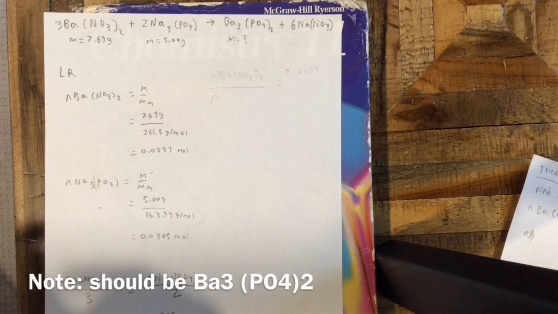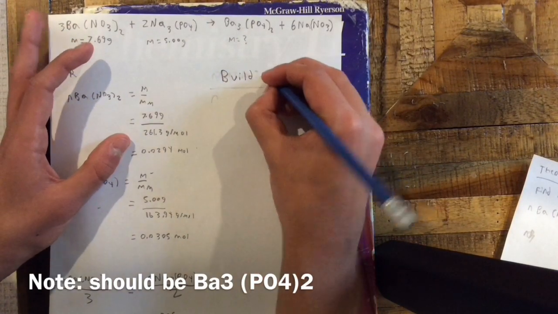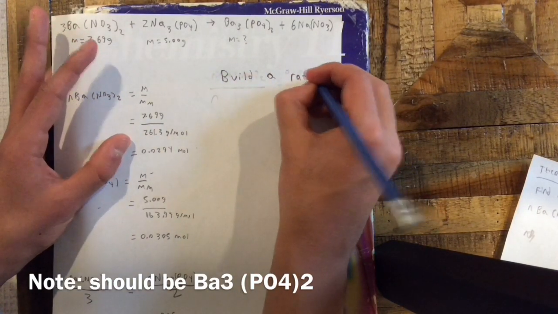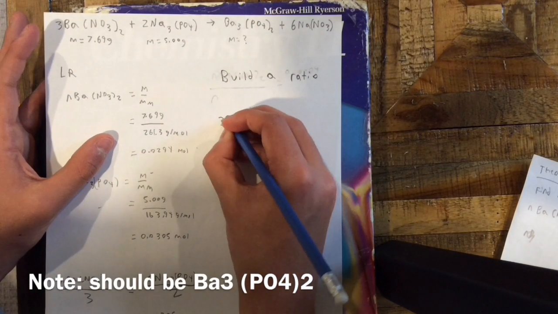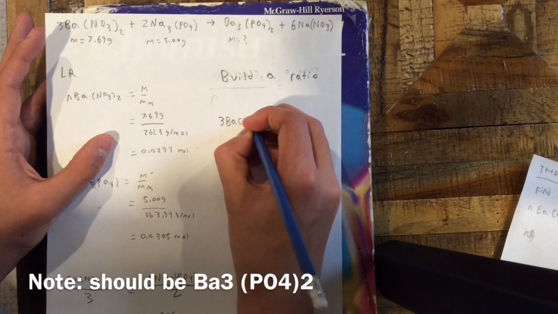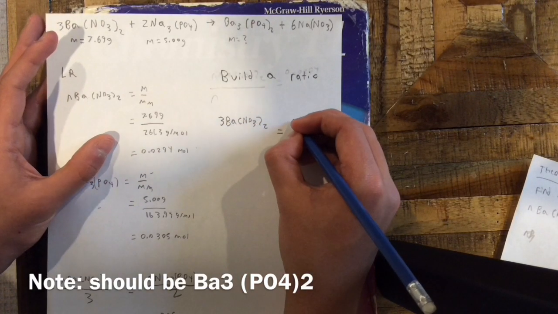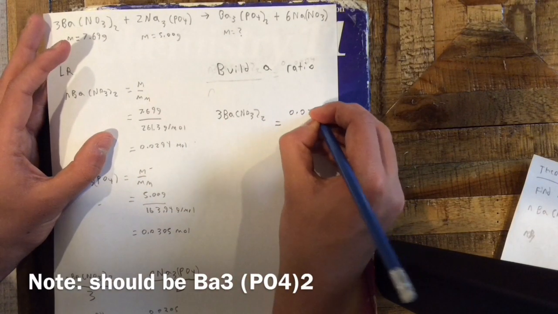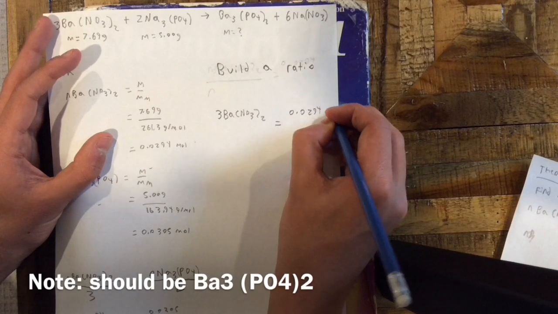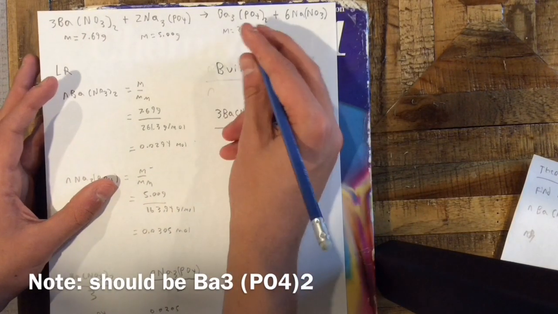So now, to find the theoretical yield, we need to build a ratio. So we're going to take our limiting reactant, which is barium nitrate. We're going to write that in. And the number of moles of barium nitrate we already calculated is equal to 0.0294. And so we're going to find what we're looking for, barium phosphate.